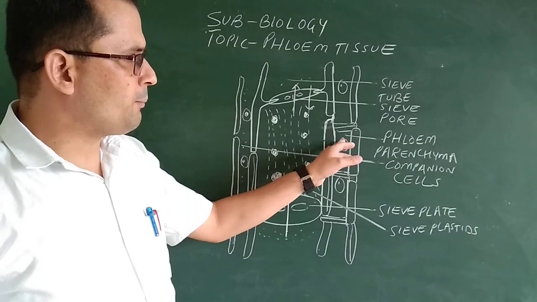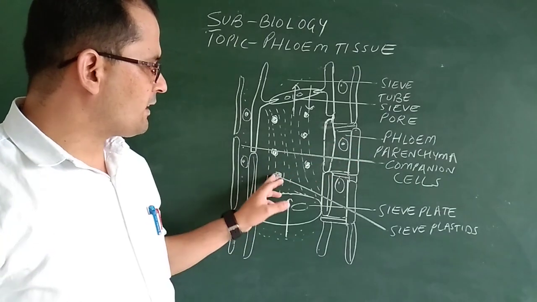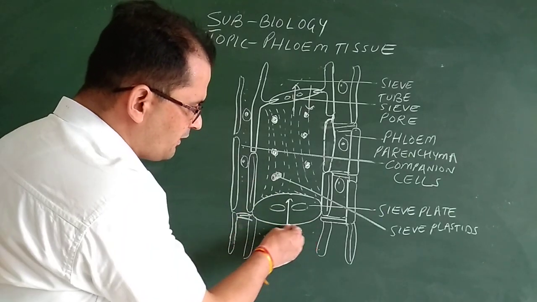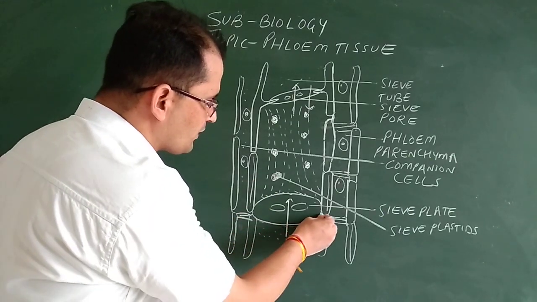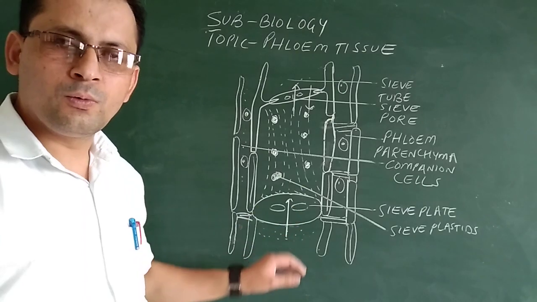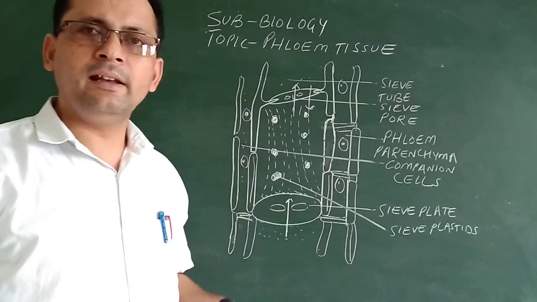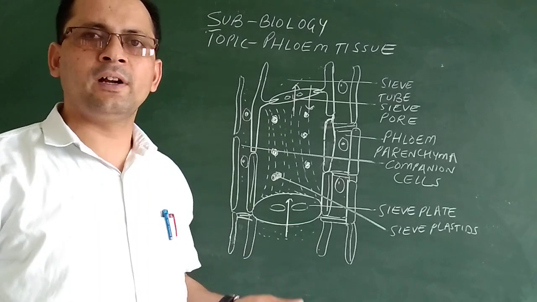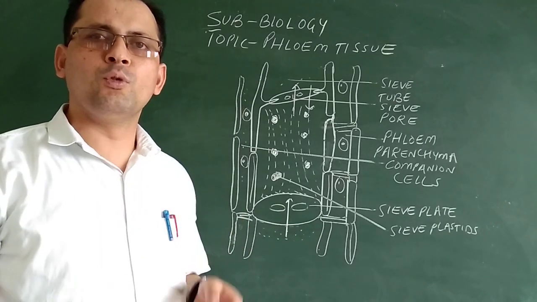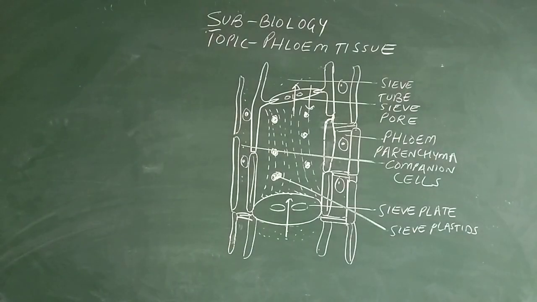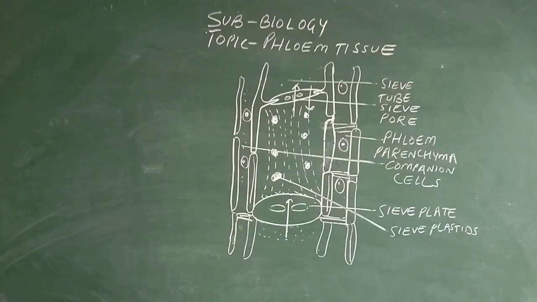Again, these are the phloem parenchyma, these are the sieve plastids, and at the end you will find a bulging structure, bulged outward, which is known as the sieve plate. Again, this sieve plate is perforated just to allow the movement of organic solutes.